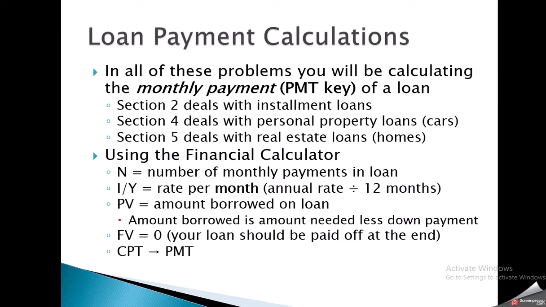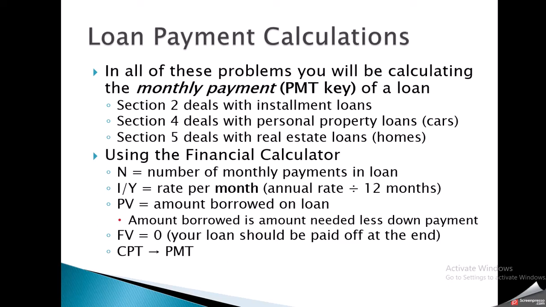So get used to saying, okay, my N is going to be the number of months in that loan. My I/Y is my monthly rate, so take the annual rate and divide it by 12. The present value is always, always, always the amount that you borrow on the loan. So you're borrowing it today. That's a common mistake for students. Again, they flip-flop the present value and the future value.